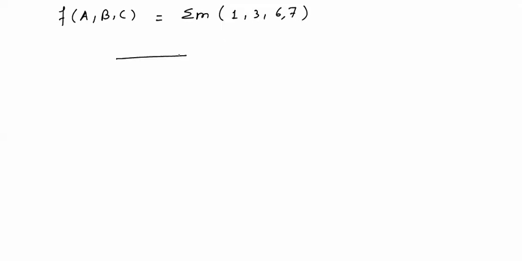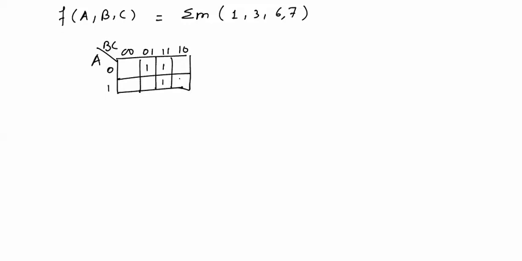Now take one more example. F is a function of A, B, C equal to summation M 1, 3, 6, 7. For this, we'll plot the K map as follows. There will be four 1s in the places shown.